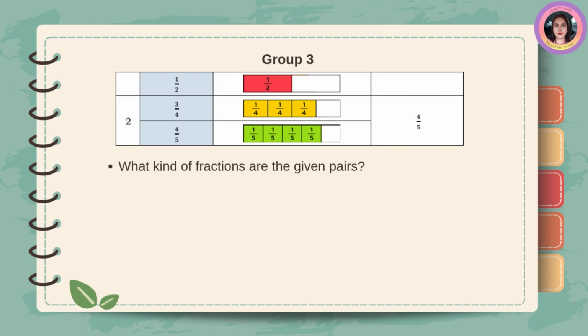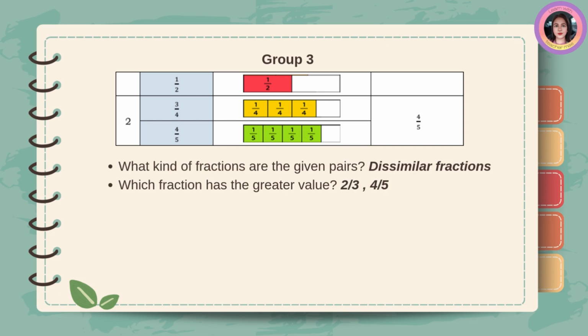For Group 3, what kind of fractions are the given pairs? Which fraction has the greater value? Which fraction has the smaller value?